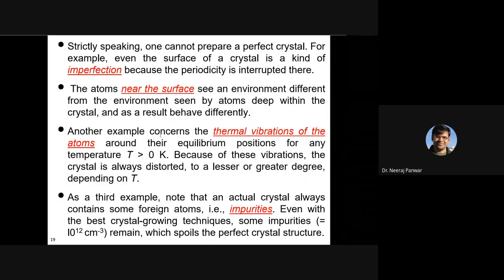Another reason why perfect crystals do not exist is that we are dealing with solids at finite temperature, and due to this finite temperature, atoms vibrate around their equilibrium positions when the temperature is greater than 0 Kelvin.